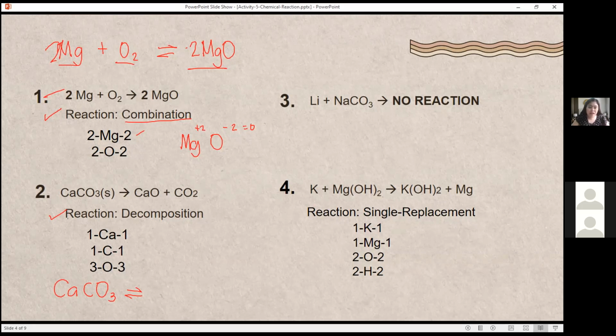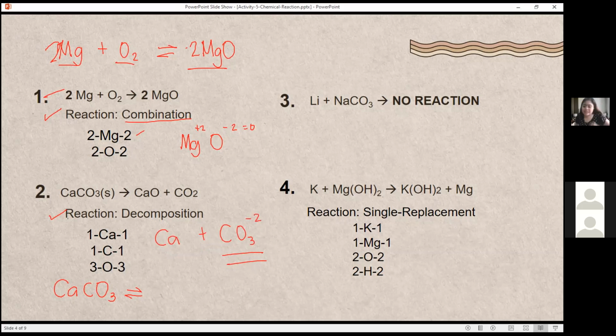Dito wala na, pag nakakita kayo ng ang kanyang reactant ay isang compound lang, matik niyan siya decomposition reaction, ipaghiwalay natin ang kanyang component. Pero hindi mo siya ihiwalay na calcium plus carbonate because remember the carbonate is a polyatomic ion. It is not a compound. It is again a polyatomic ion na merong charge.